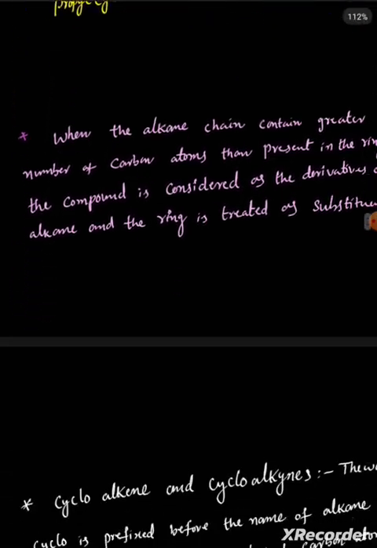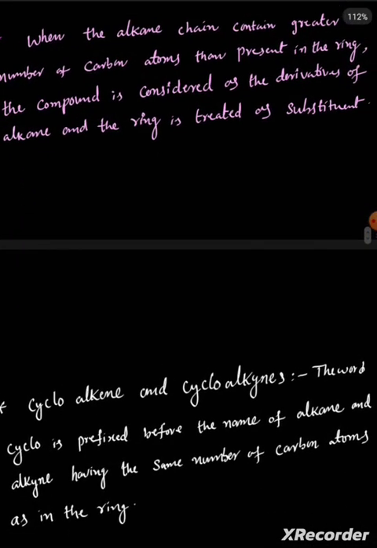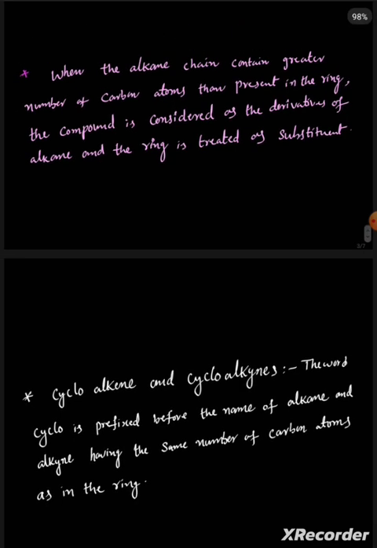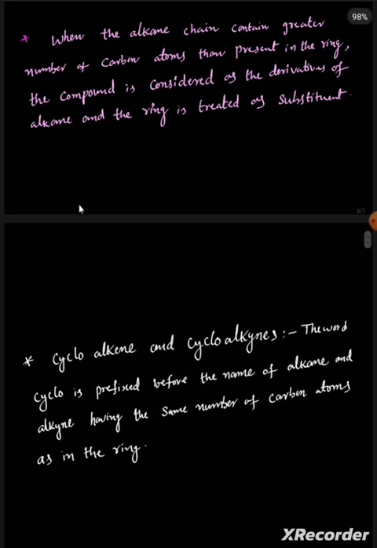Next one, when the alkane chain contains a greater number of carbon atoms than present in the ring, the compound is considered as a derivative of alkane, and the ring is treated as a substituent.